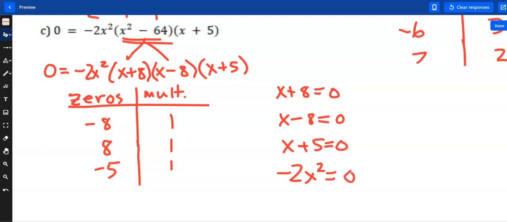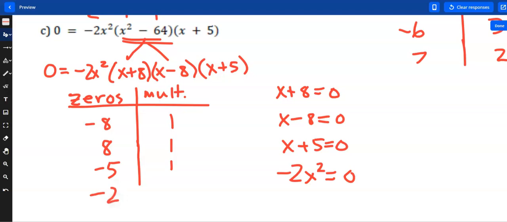Yeah, because you guys make major mistakes with that all the time because you never listen to when you set it equal to 0 and solve. You kind of try to do these shortcuts in your head and you're like, oh, x plus 8, that's negative 8. X minus 8, that's 8. X plus 5, that's negative 5. And then you get to this last one and you're like, what the heck is that? And you write down negative 2.